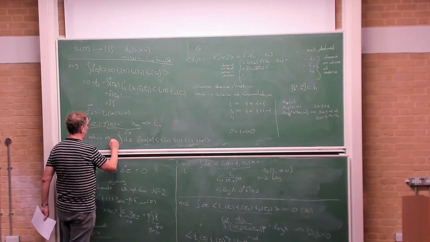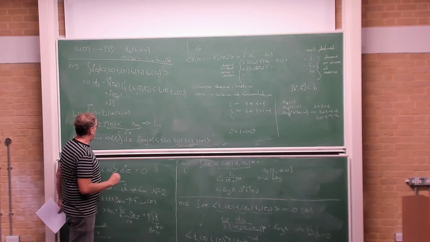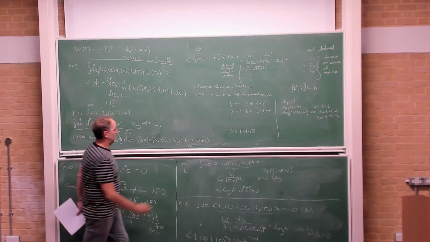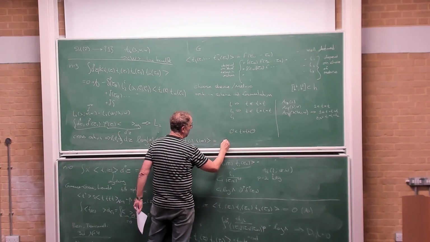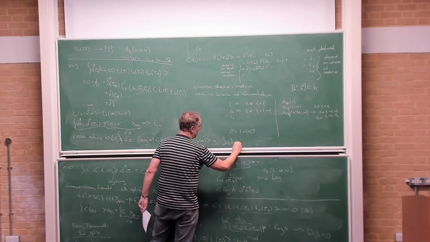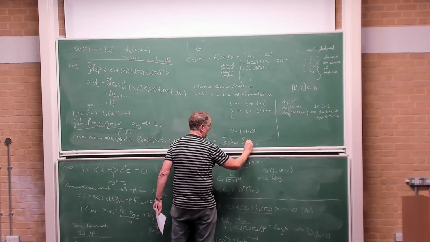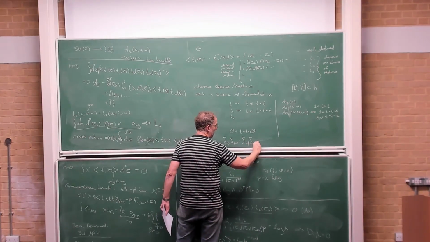So essentially L2 minus L2 will be equal to twice this. And this will be equal to the Riemann tensor, which is going to be delta ij delta kl minus delta ik delta jl.